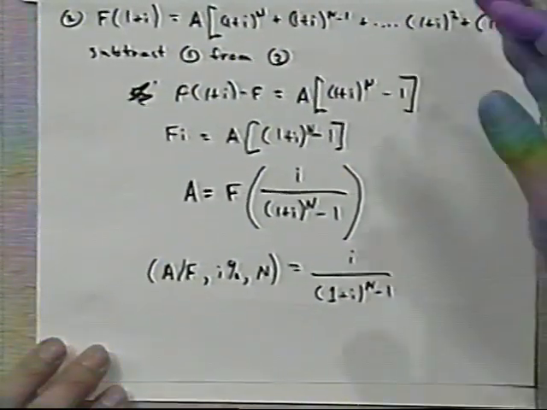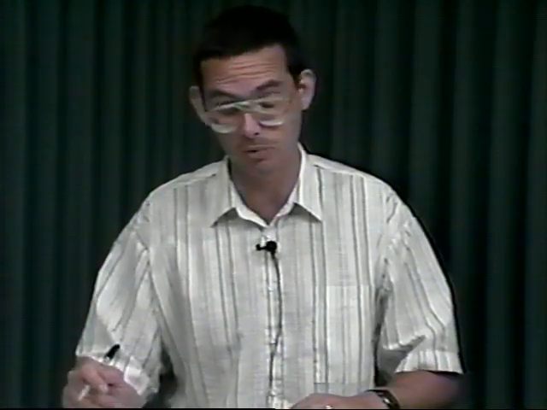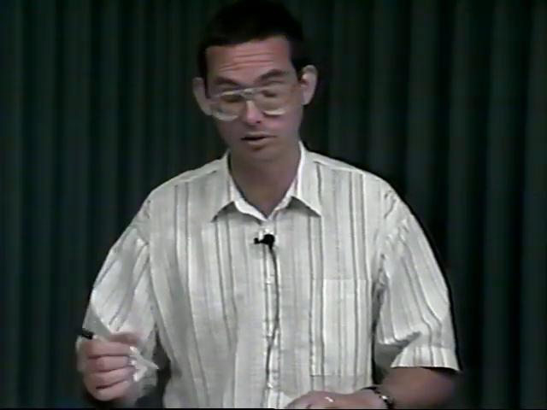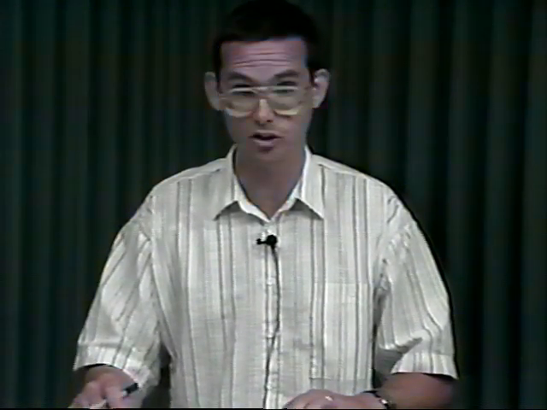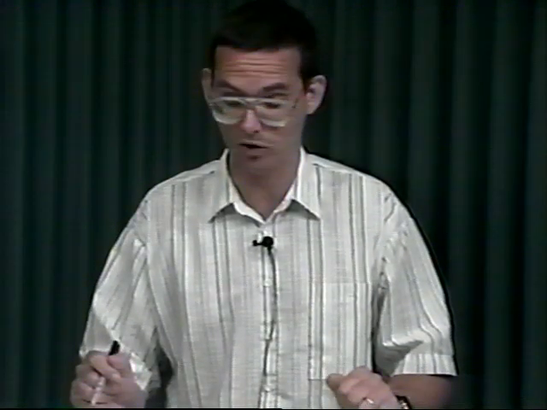I won't be doing this depth of derivation in subsequent derivations of these formulas. But I wanted to go through this once with you, so you can see that these actually have a logical basis to them. They aren't just drawn out of a hat. And we can use this formula, which is fairly straightforward, to convert any future worth to any annuity for any given interest rate or number of periods.